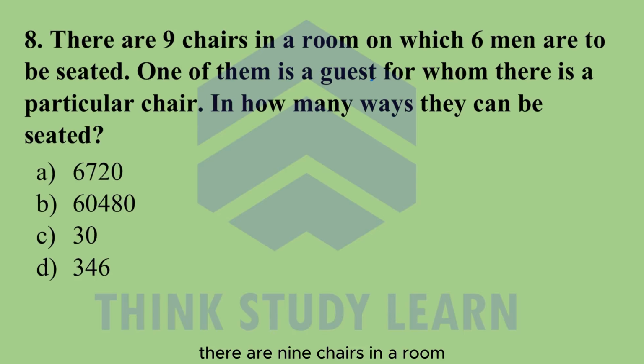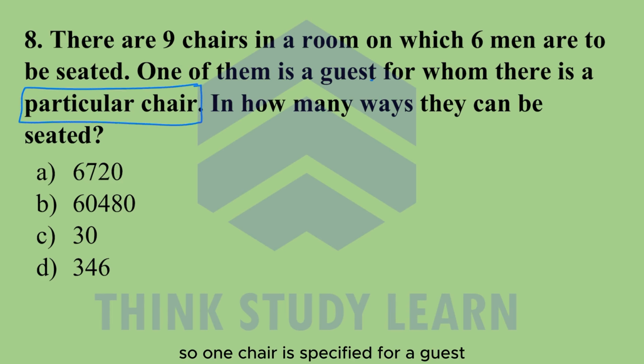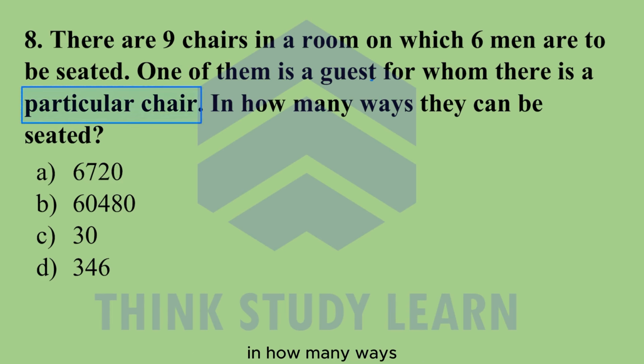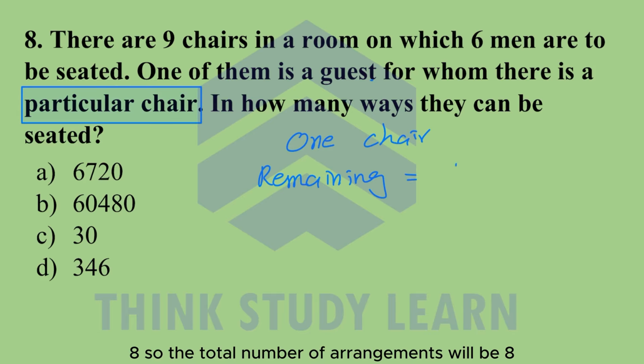There are 9 chairs in a room on which 6 men are to be seated. One of them is a guest for whom there is a particular chair. So one chair is specified for a guest. In how many ways can the remaining chairs be seated for the men? So one chair is specified, then the remaining chairs will be 8.